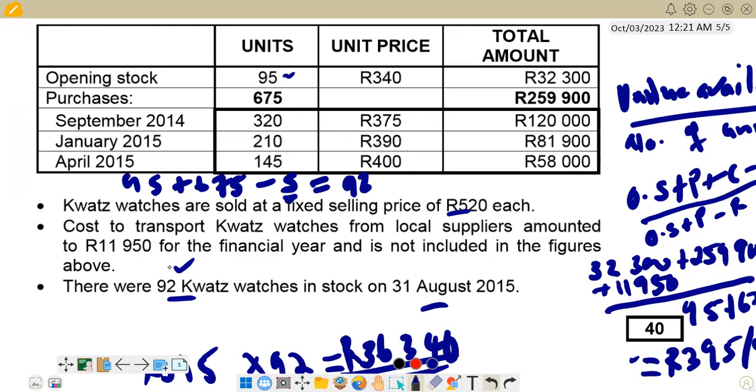If you make S the subject of the formula, let's see what we have there.